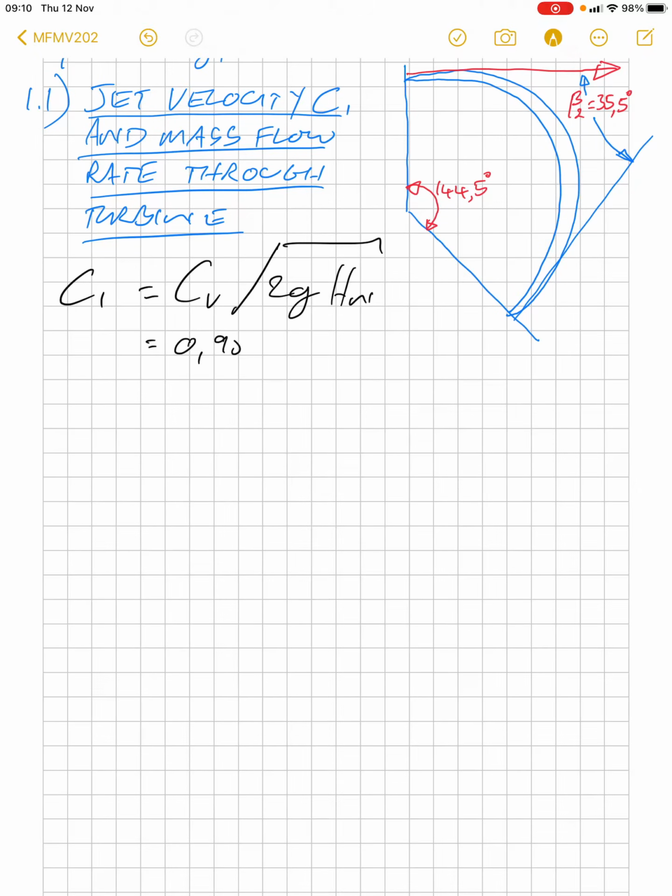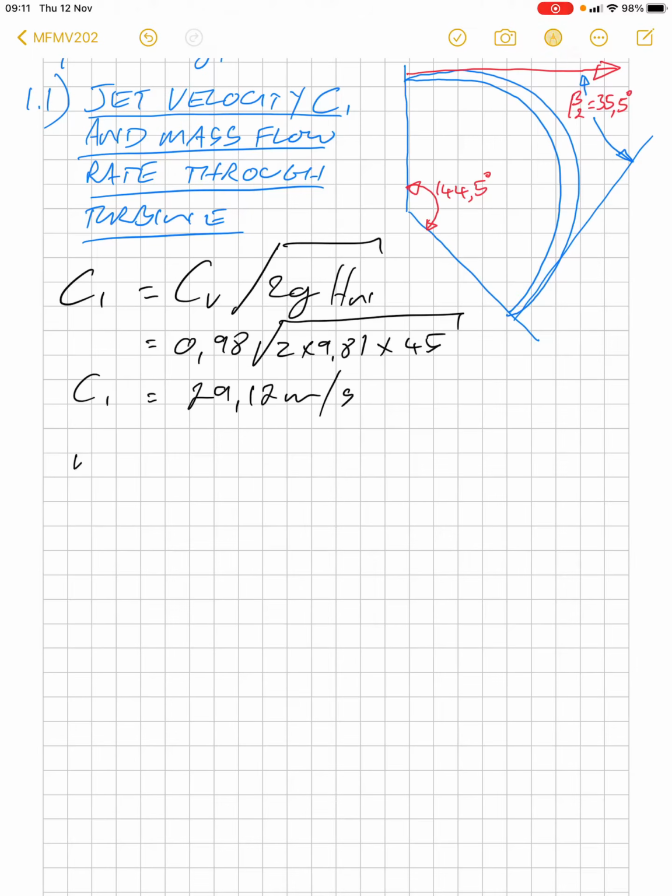Coefficient of velocity is 0.98. 2 times 9.81 times 45 meters is the head of water. So we can easily calculate the velocity of the jet to be 29.12 meters per second.